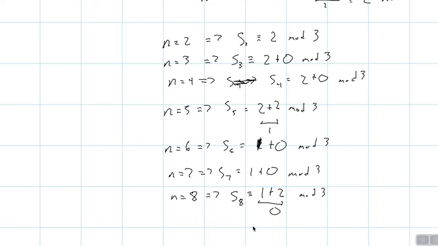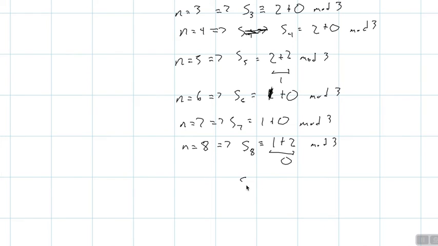So this is 0 mod 3. And that pattern is going to be true for S sub 9 equal to 0 mod 3, and S sub 10 equal to 0 mod 3.